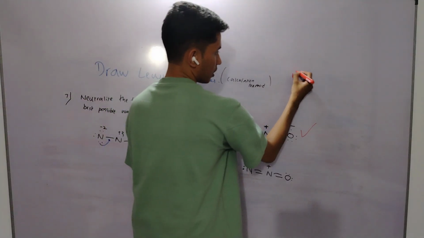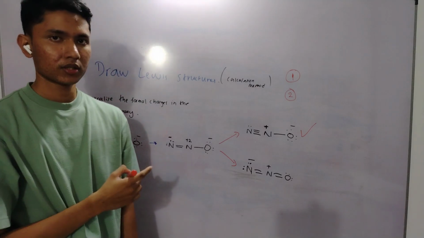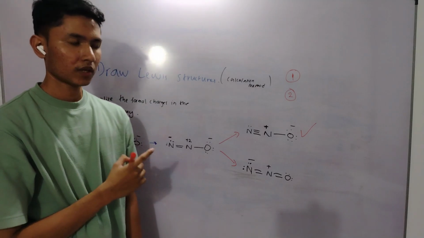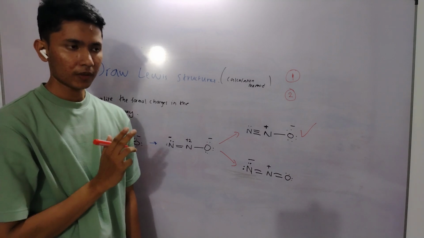We decide the most suitable structure by 2 points. You have to write these 2 points down.